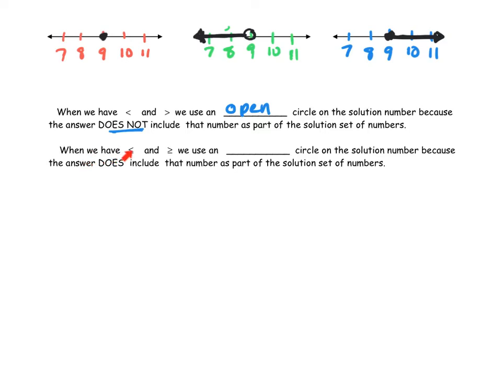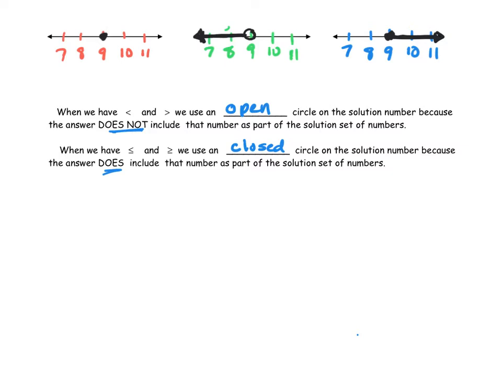Next, when we have less than or equal to or greater than or equal to, we use a closed circle, or a filled in circle, and that conveys that it does equal that number. It's used to signify the answer does include the number as part of the solution set of numbers.